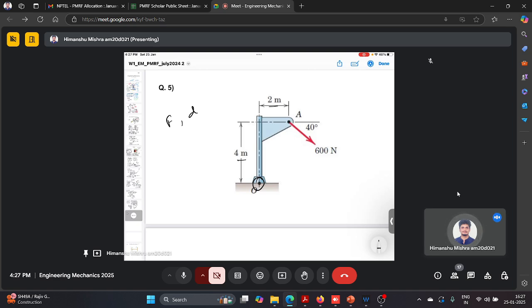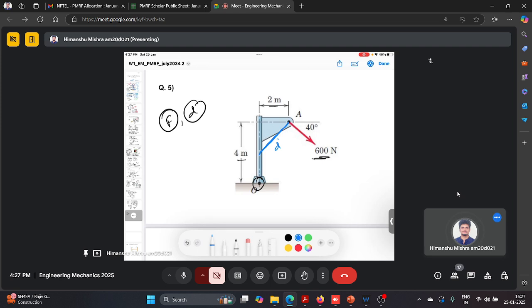We are given the 600 Newton force here, so we already have the force, and now we need to identify the perpendicular distance d. What will be the perpendicular distance of this force from point O? It will be this. This will be the perpendicular distance here.